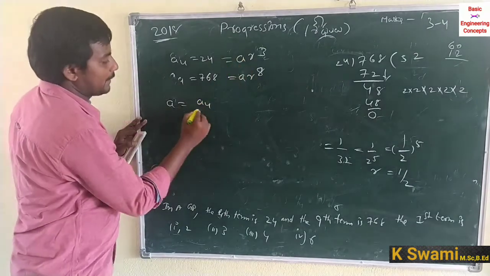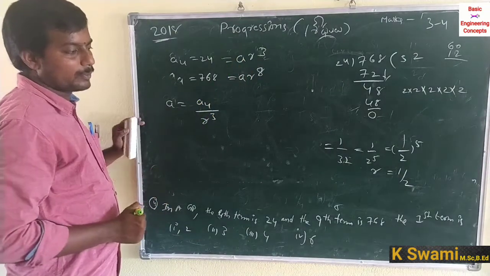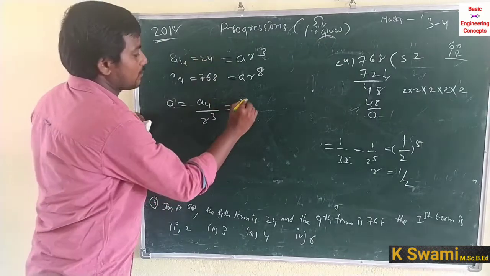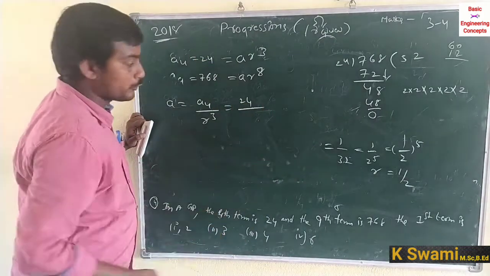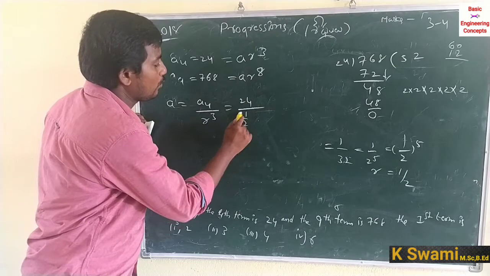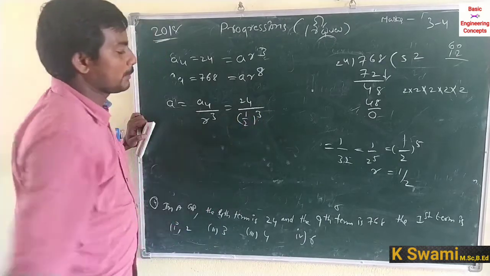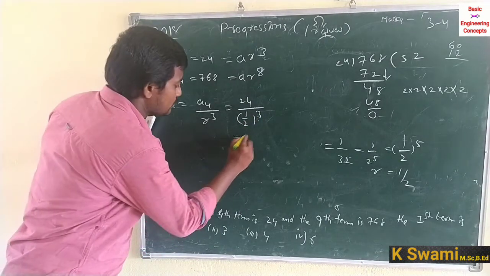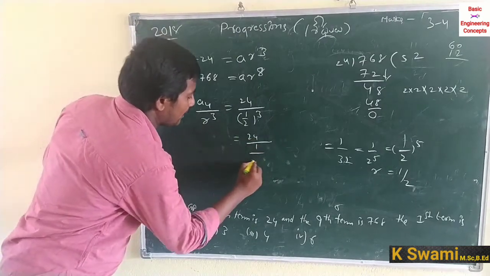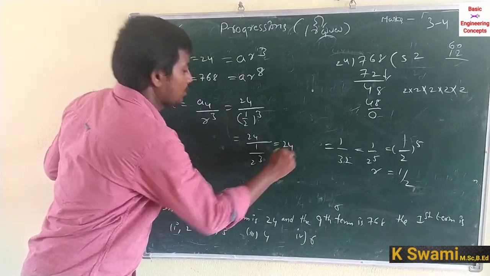So a is equal to a power 4 by r cube. a power 4 is equal to 24 by r cube, means 1/2 whole cube. So 24 by 1/2 cube.